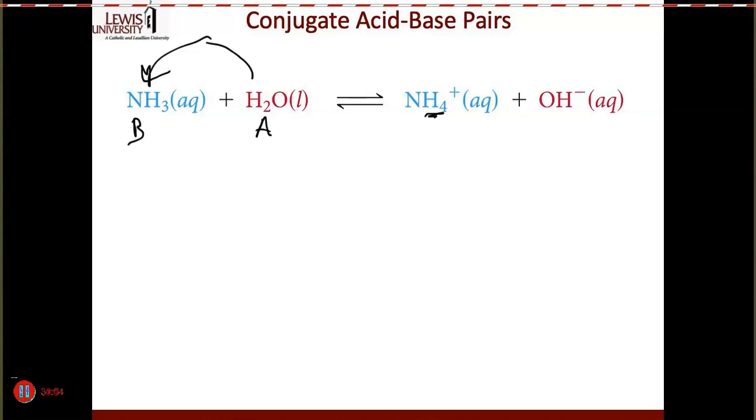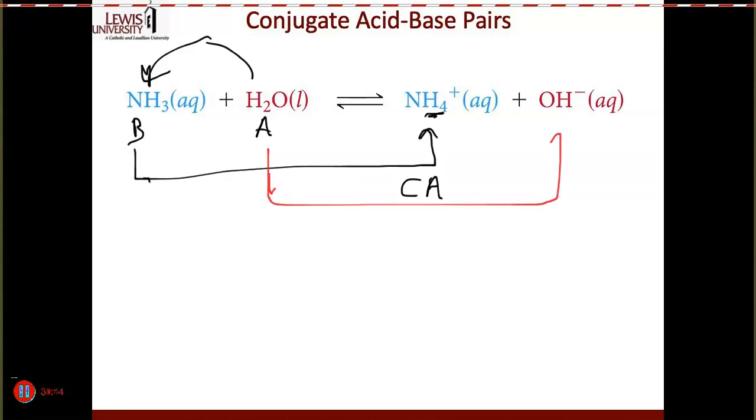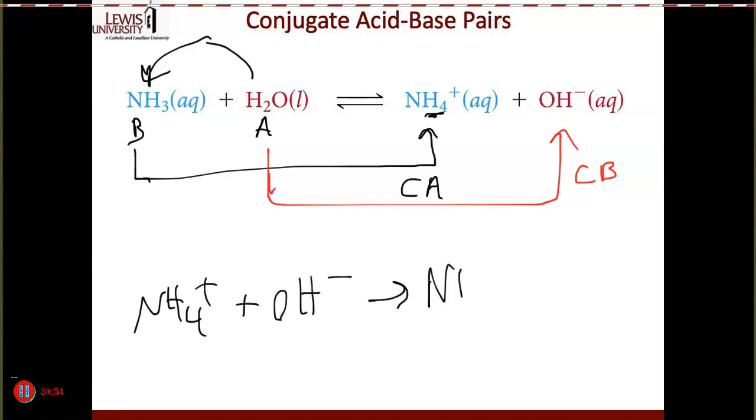So the conjugate pair to a base, NH4+, is going to act as my conjugate acid in the reverse reaction. And for the acid, H2O, I'm creating OH minus. In the reverse reaction, that's going to act as a conjugate base, right? Because I could also write this reaction as NH4 plus OH minus making NH3 plus H2O.